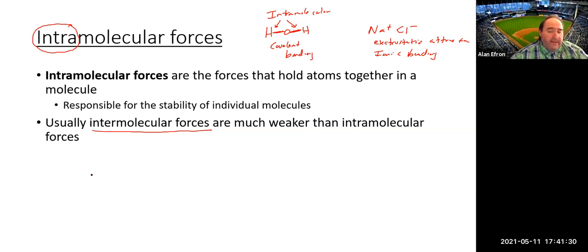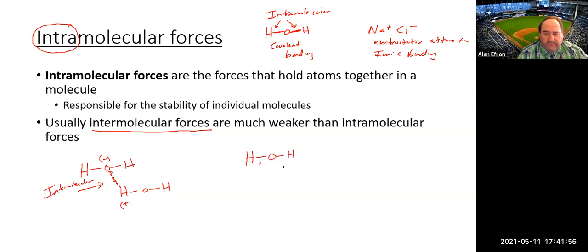The reason for that, if we go back to our water example, is that the intermolecular force between the negative oxygen and the positive hydrogen holds it together. Now, that is our intermolecular force. And here's our intramolecular force.